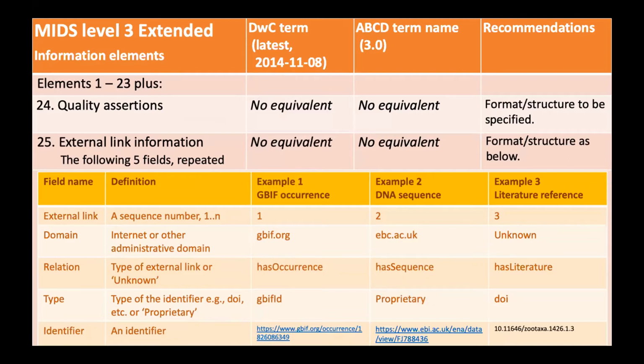And then the important one, external link information. The following 5 fields repeated. This is how you build up the graph. That is the real point of all of this, is to have all this data available and connected. And here are the connections, the links between the nodes.